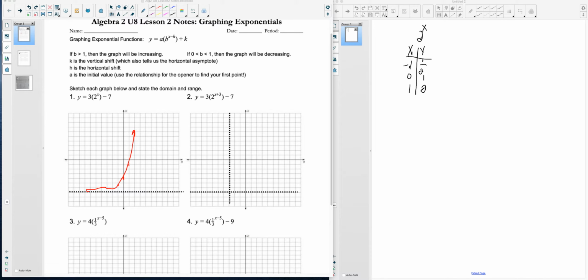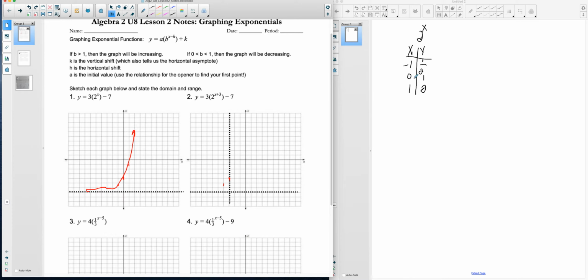So I would still go to the left one and up 1/2. But now, once again, I have this 3 out front. So instead of going up 1/2, I'm going to go up 3/2, which would put me right in the middle there. And instead of going up 1 from that origin, because of this 3, I'm going to go up 3. So 1, 2, and 3 right there.